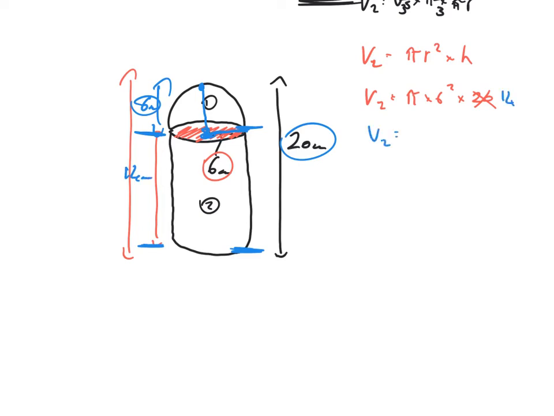Okay, so it's pi times 6 squared times 14. Enter that into the calculator. And that will give me 1,583.4 cubic centimetres, final answer. Okay, we now need to find the volume of the hemisphere.